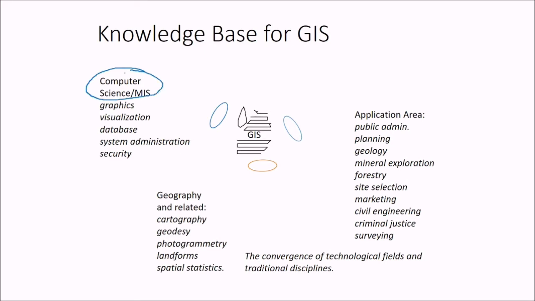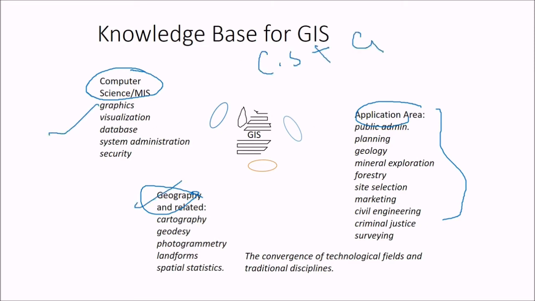It involves management information systems, geography of course, and then the application area. So these are the knowledge base of GIS, the convergence of the technological fields and traditional fields. You're combining computer science with geography. Okay, geo with CS, and then you have GIS.